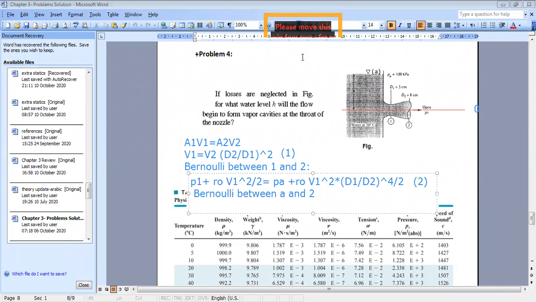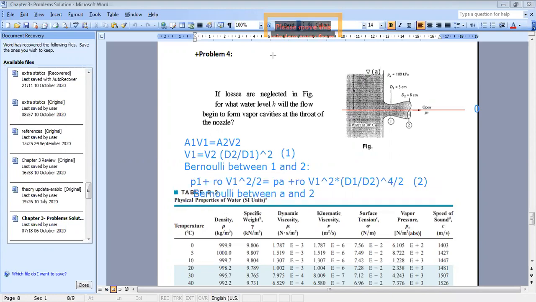Why do we say this? Because the reservoir has a large surface area. For your reservoirs, the cross-sectional area is very large compared to A1 and A2. This is why you can say that approximately V is 0.